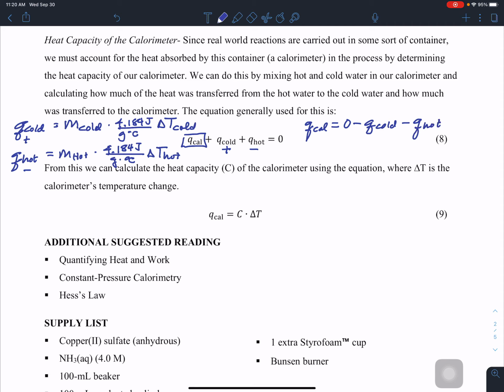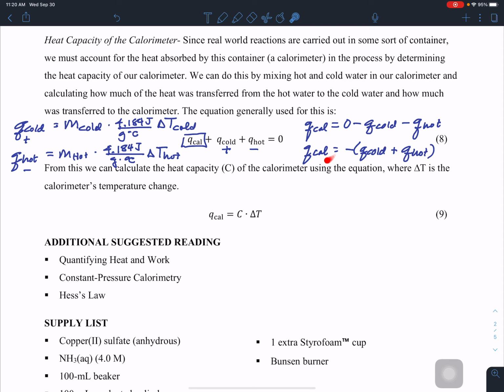I'm just taking this equation here and solving for Q cal. And then a lot of people would prefer to look at it this way. We take the cold water Q and the hot water Q, we add them together, and we change the sign. And that should equal Q cal.